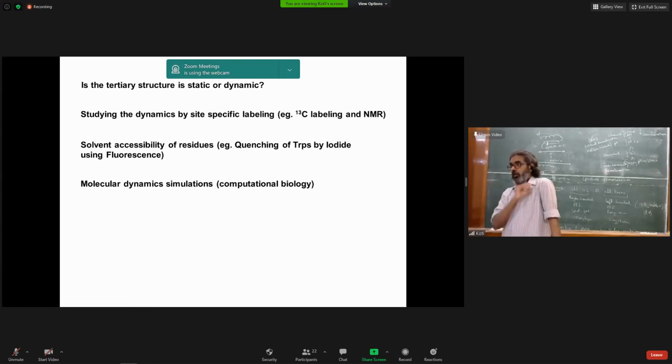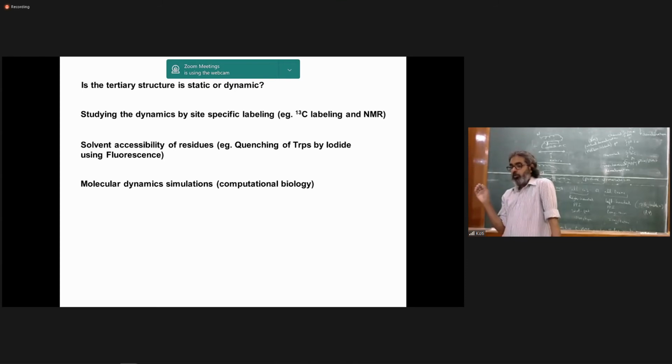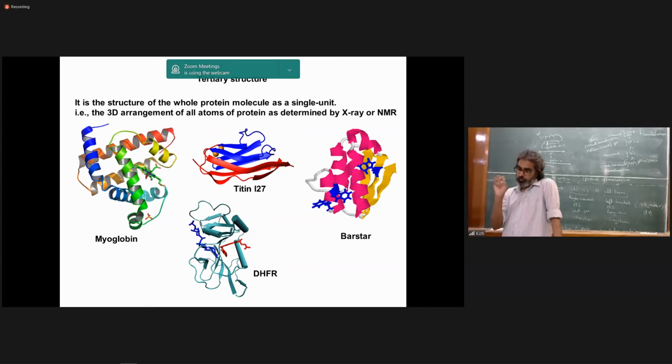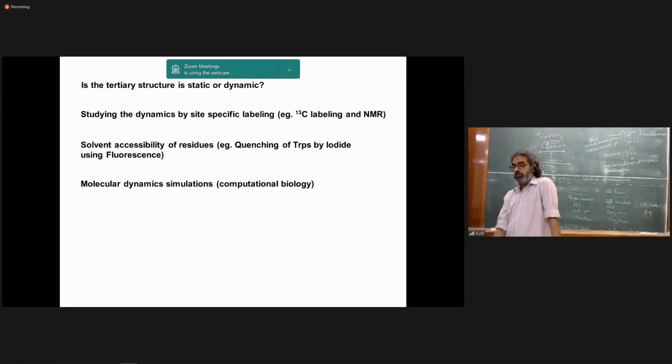Sometimes if you have large proteins, you have multi-domains. All the proteins I have shown are single-domain globular proteins, meaning more or less the entire polypeptide chain forms one globule-like round unit. But you can have multi-subunit, multi-domain proteins. Then individual domains have a well-defined structure, but domain distance and domain orientation can change.